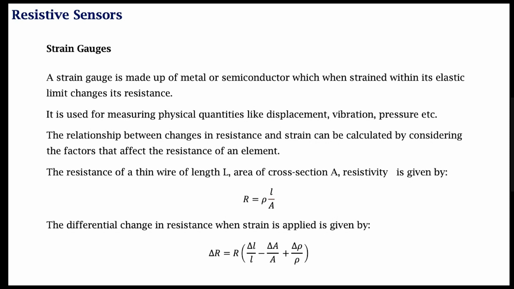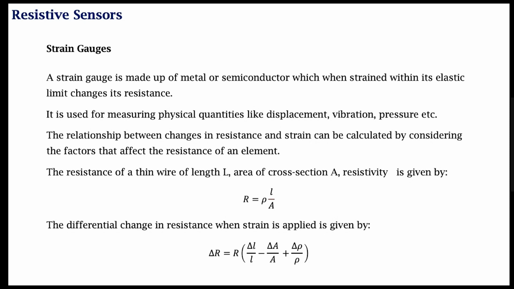But here we restrict our attention to biomedical applications of strain gauges. Usually, when you say strain gauge in general, you are referring to a metal foil strain gauge. The principle of operation is the following.